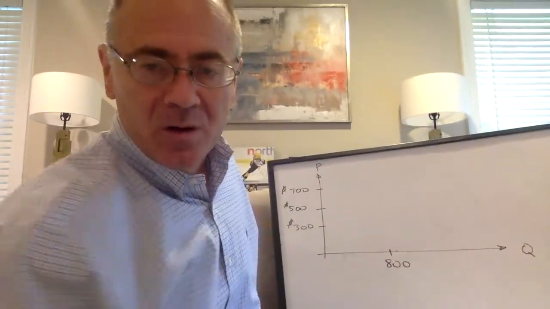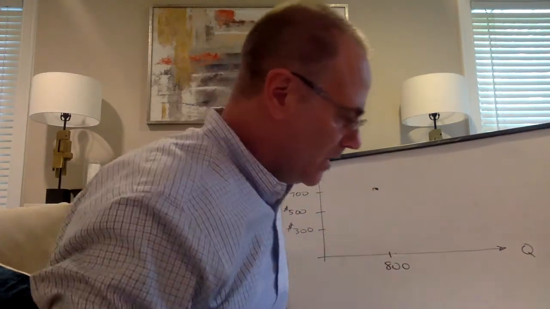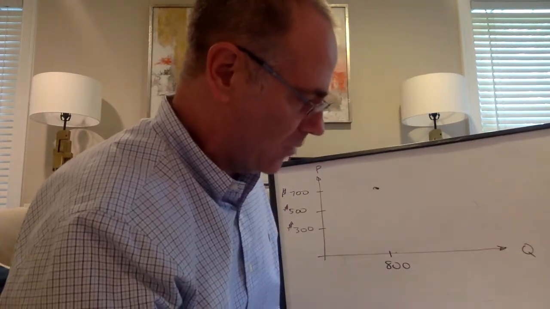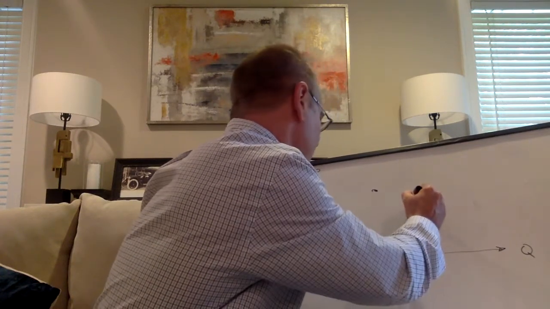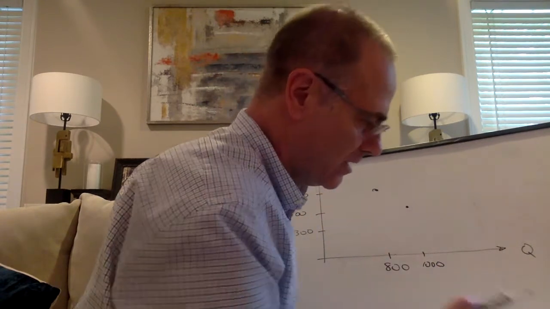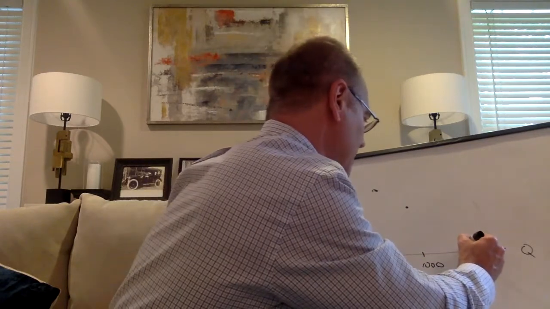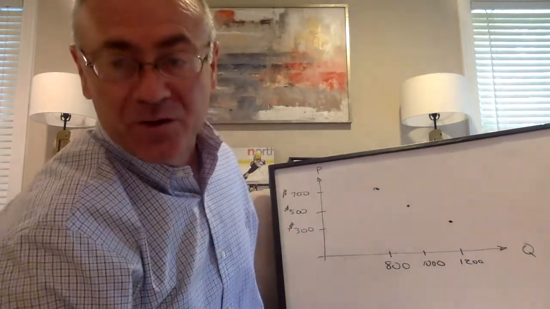When the price is 700, people will only want to buy 800 guitars. So we have a dot here. When the price is 500, people will demand a little more. They'll demand 1,000 guitars. So we have a dot at 1,000 and 500, and then when the price is 300, we assume that people will want to buy 1,200 guitars.